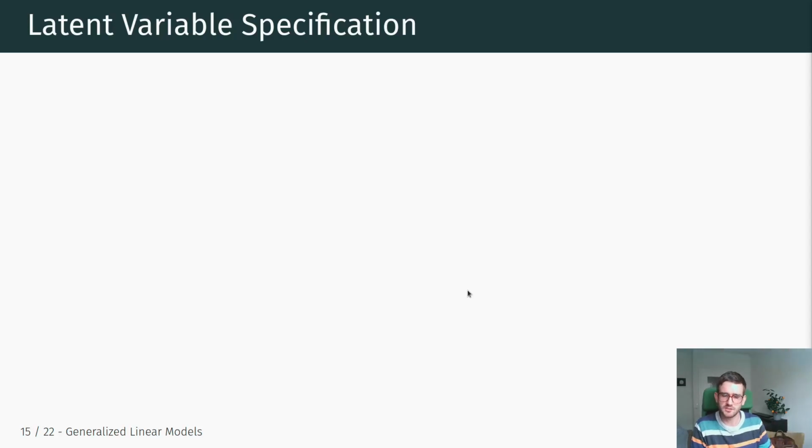And then based on the distribution of that unobserved latent variable, we can compute predicted probabilities for observing a 1 or observing a 0, right?